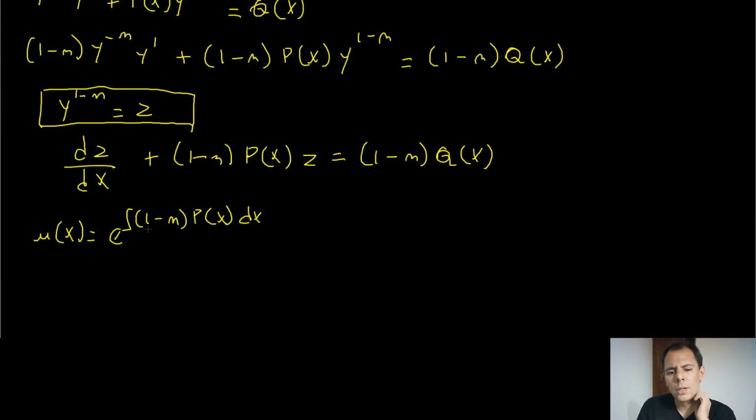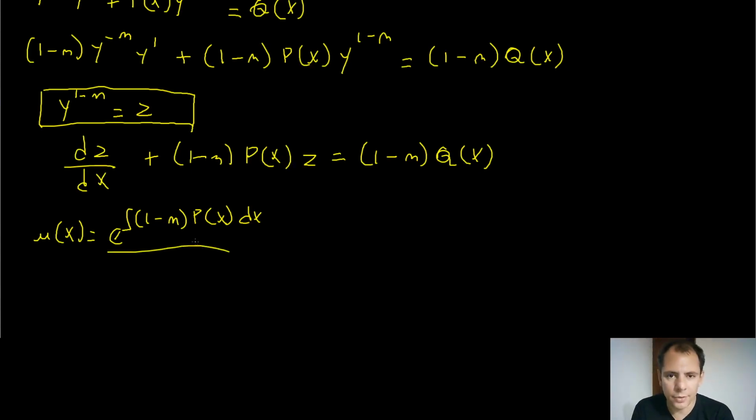Does this work? Yes, it works because 1 minus n is a constant, all right? So when you're integrating with respect to x, that's fine. You don't have to integrate here.